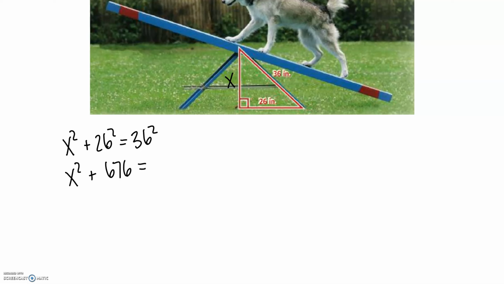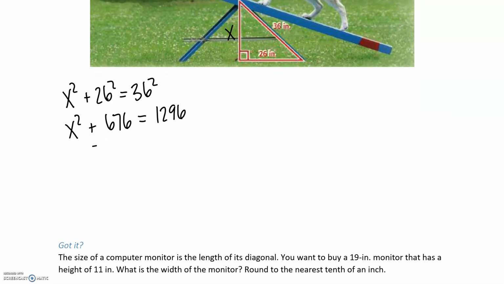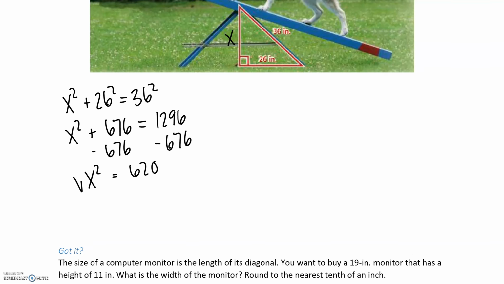Okay, so that leaves us with x squared plus 676 equals 1,296. So we need to subtract 676 from both sides. That leaves us with x squared equals 620. So we're going to take the square root of both of those.